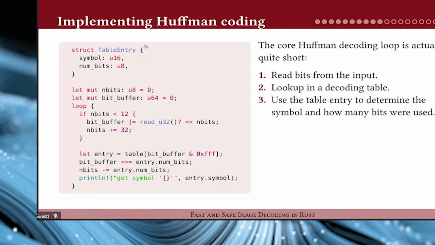Either way, we find out how many bits we've used, shift those off of our bit buffer, decrement our count, and say we've got the symbol. So this is the core decoding loop for Huffman, and as a result, when you're decoding a PNG, the bulk of the time is spent in a loop like this.